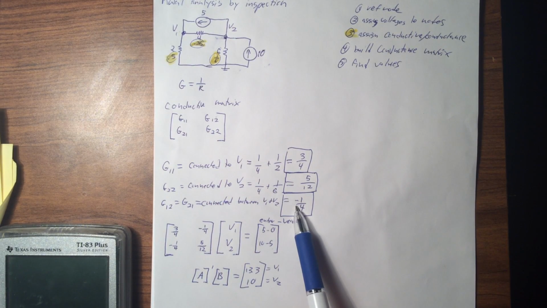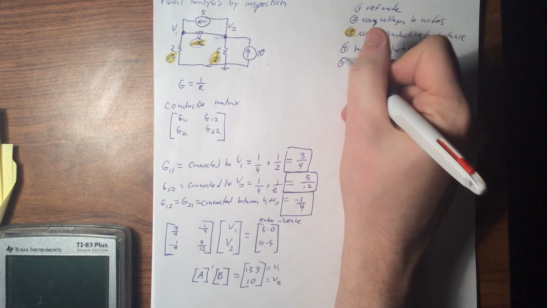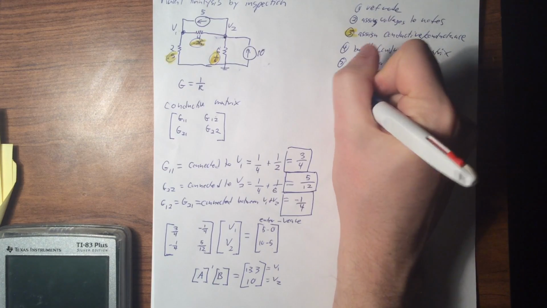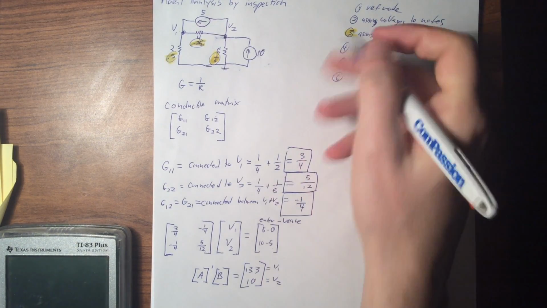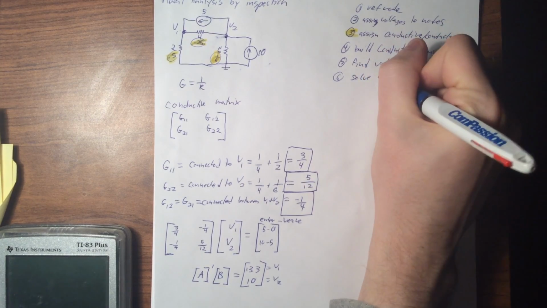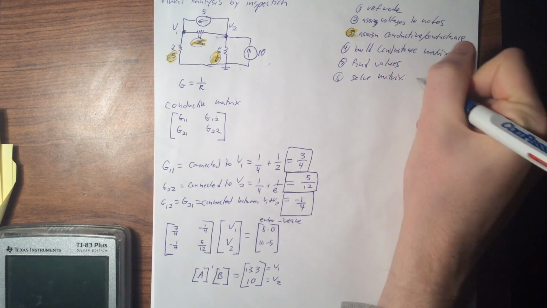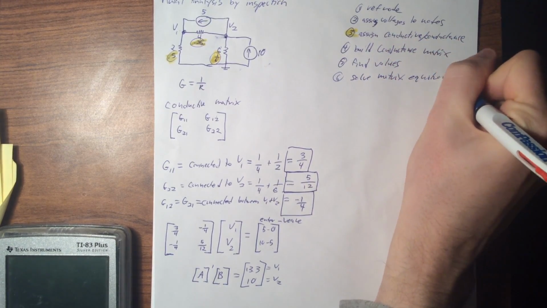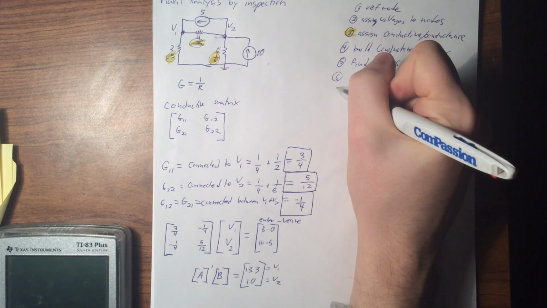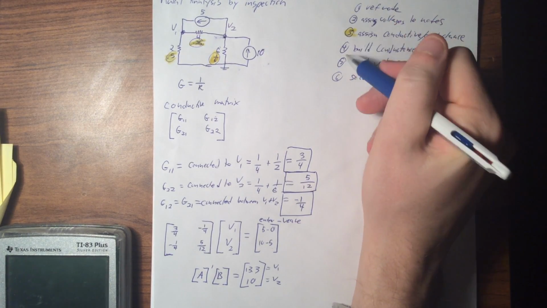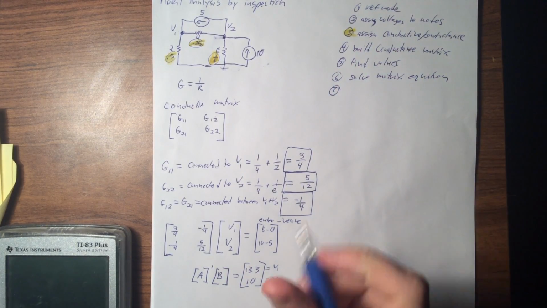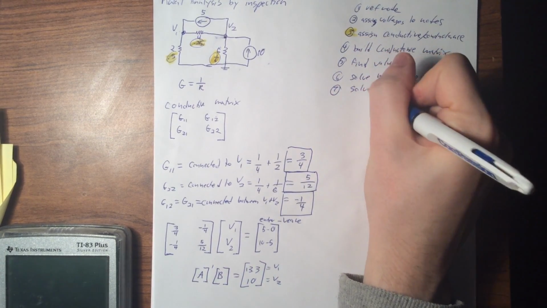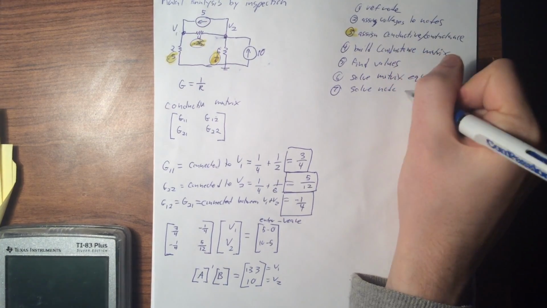All right, so that's the first bit. And then 4, 5, 6. What do we do after that? We solve the matrix equations down here. Then, let's go to 7 here, we can also solve the node voltage equations.